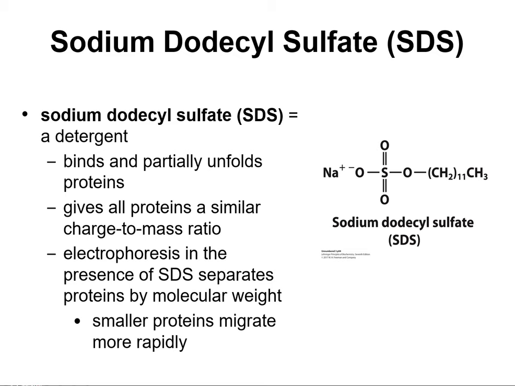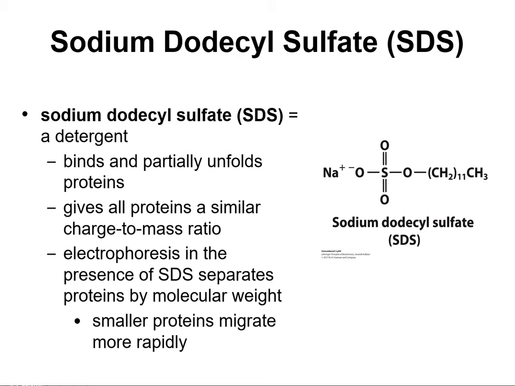That means that the proteins are relaxed and open, and you're going to have a similar charge to mass ratio for all your proteins. So the only difference is that one protein is bigger than another, so it's going to move more slowly than the smaller proteins.